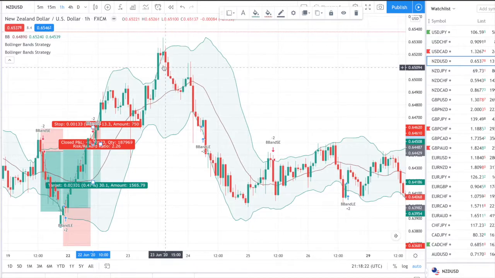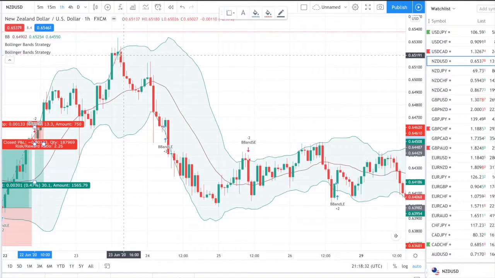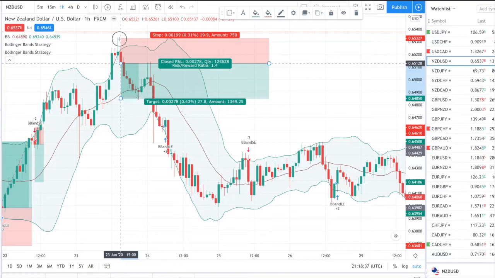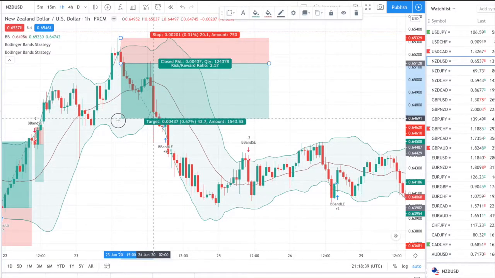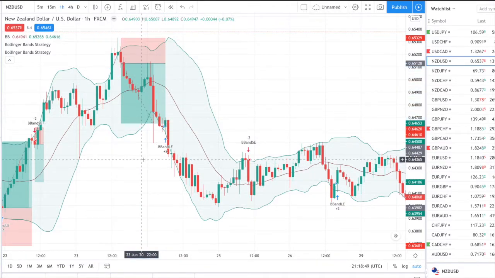Here you would go for a short because the price crossed here, and I believe this would be a win until here. This would be another 50 pips, and this would be a loss.